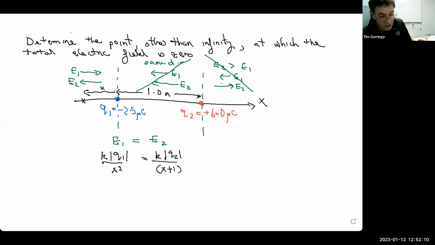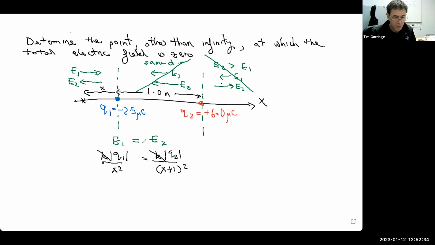That's not x, that's x plus 1 meter squared. So this is now a relationship between the charges, which we know, and this distance that we want to find out. This is an equation that we now have to solve mathematically. You can see it simplifies a bit because the Coulomb constants cancel out.